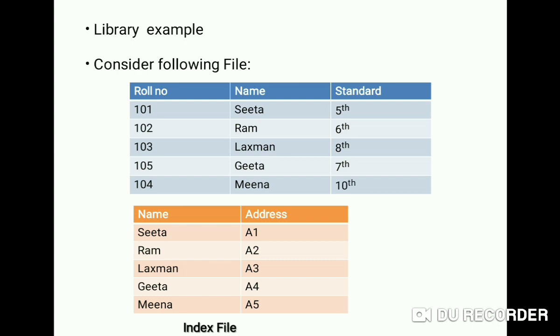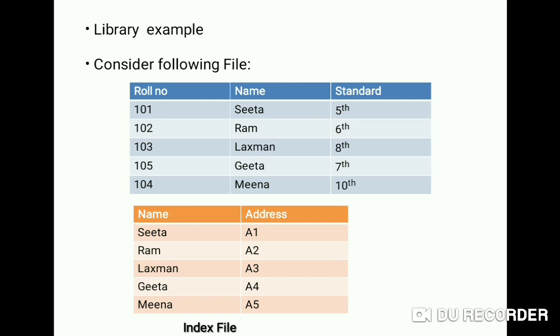You can take one more example. Observe on the screen there is a table of roll number, name and standard. If that file has roll number, name of student and his or her standard, then an index file can be created of name and address.